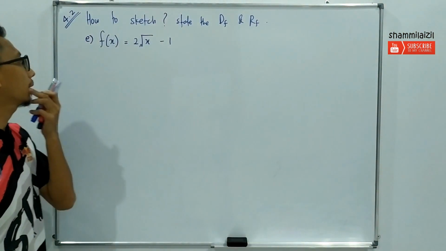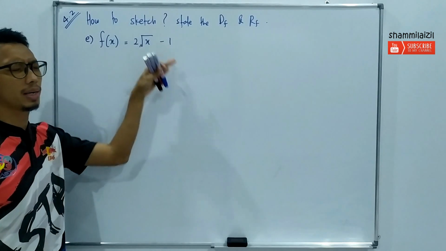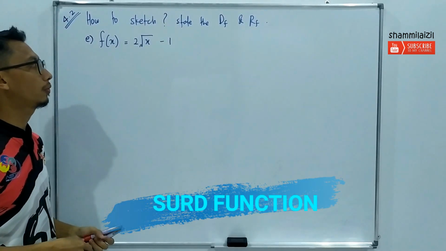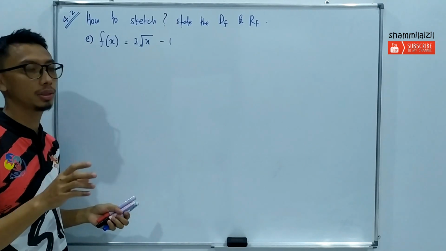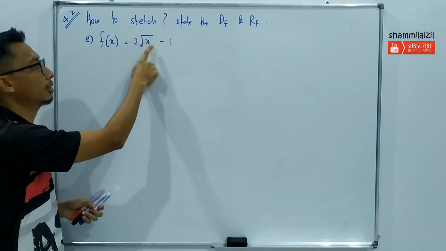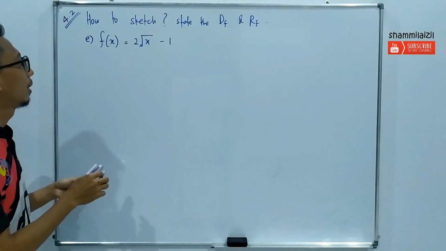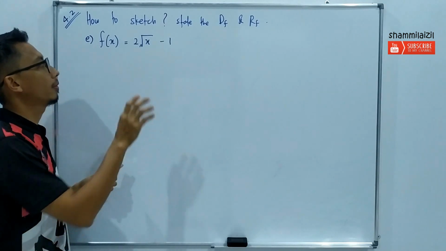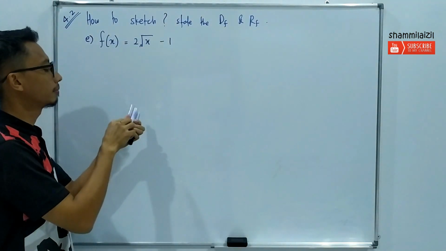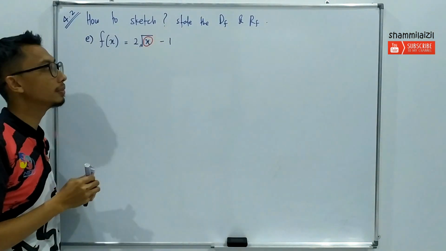Part E, we will talk about the function f(x) = cube root of x minus 1, which is known as the cube root function. So for your syllabus, the inside is restricted to linear only. Linear means in the form of mx plus c. So it's going to be easy. But the trick for finding the graph is under your root.